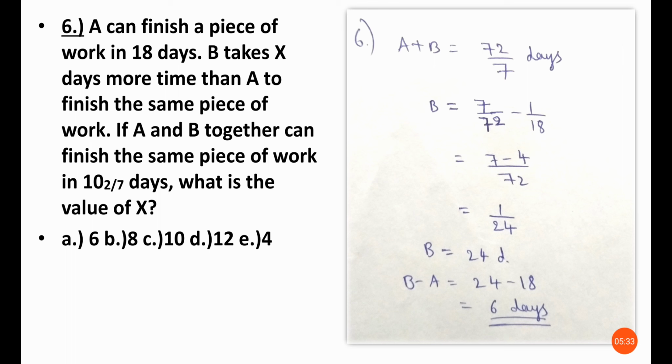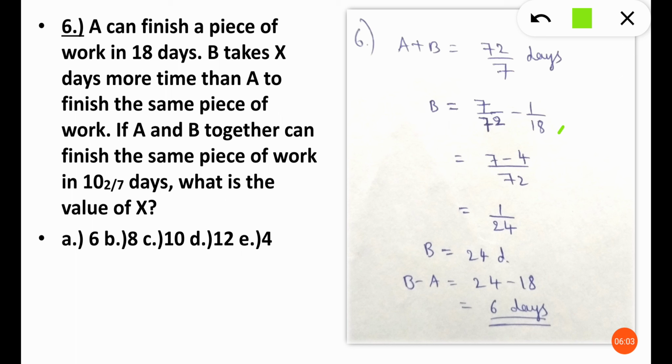So, sixth one. A can finish a piece of work in 18 days. B takes x days more time than A to finish the same piece of work. If A and B together can finish the same piece of work in 10 2/7 days, this is a mixed fraction, what is the value of x? It's given A + B = 72/7 days, so B = (A + B) - A. A's 1 day work is 1/18.